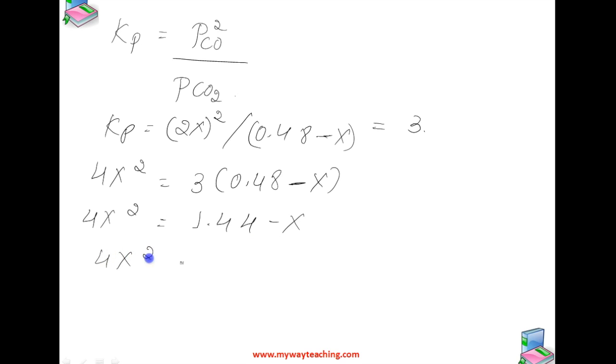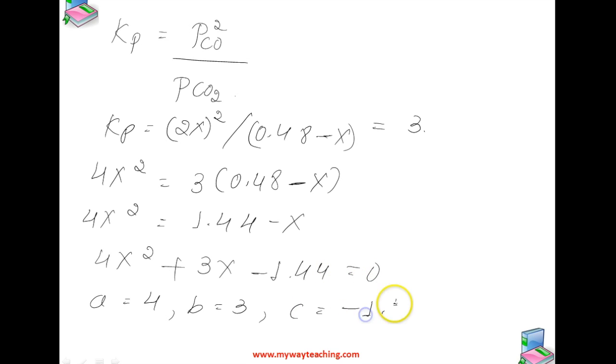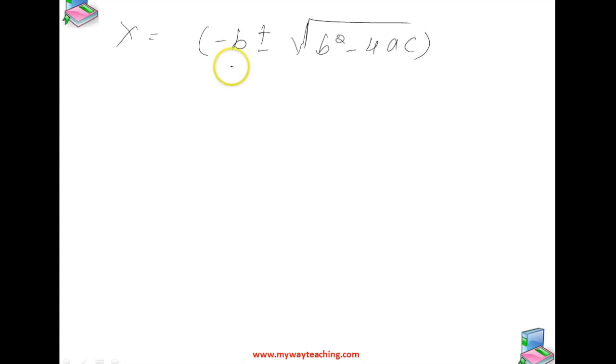So 4x squared plus 0.3x minus 0.144 is equal to 0. You are getting A value 4, B value 0.3 and C value minus 0.144. From the equation we can write x equals minus B plus or minus root of B squared minus 4AC divided by 2A.